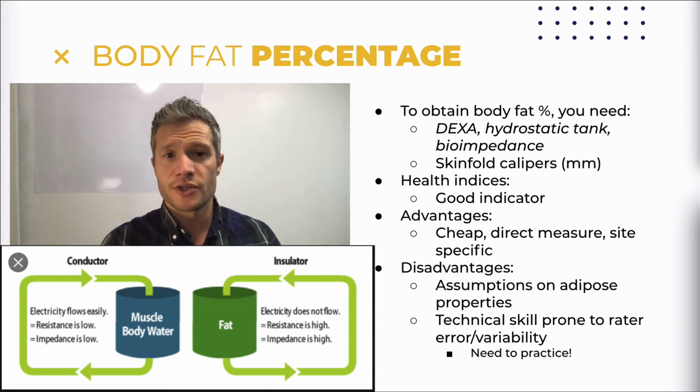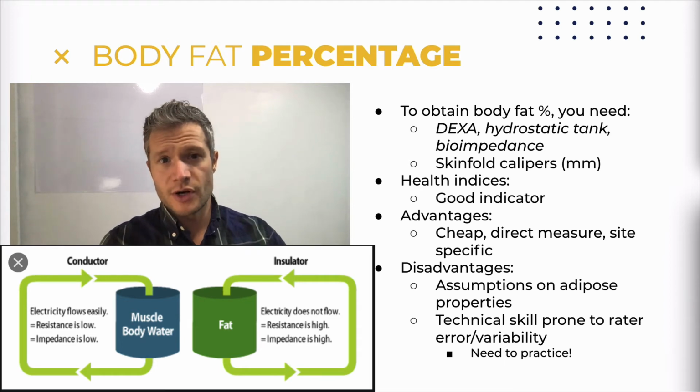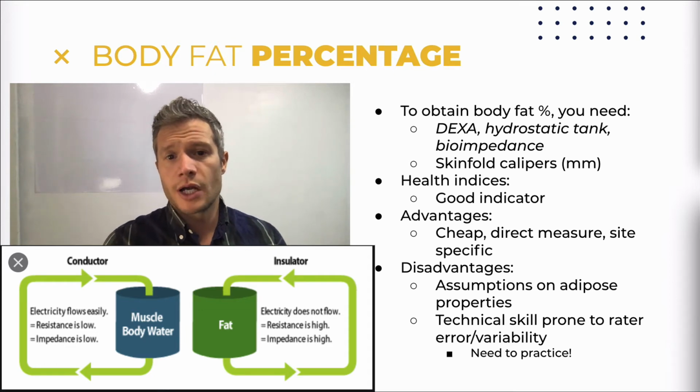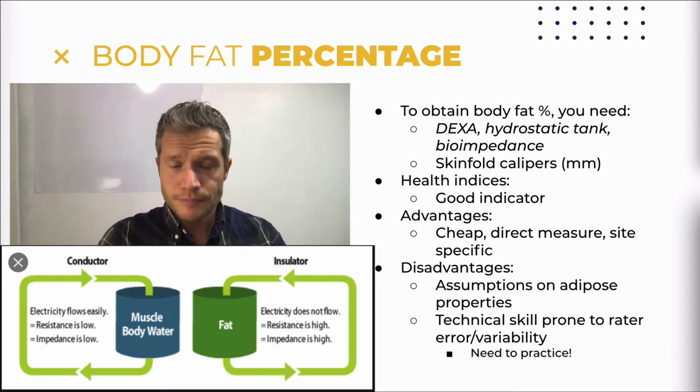The more hydrated you are, or the less hydrated you are, is going to change the conductivity of certain tissues, in particular your muscle. So you can really get skewed results from bioimpedance.